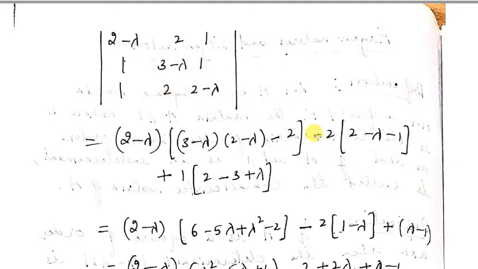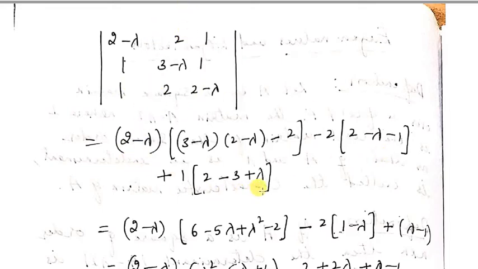The next sign is minus, the second element of the first row, 2, into the determinant of a 2 cross 2 minor matrix, that is 1, 1, 1, 2 minus lambda, plus 1 into the determinant of a 2 cross 2 minor matrix, that is 1, 3 minus lambda, 1, 2.